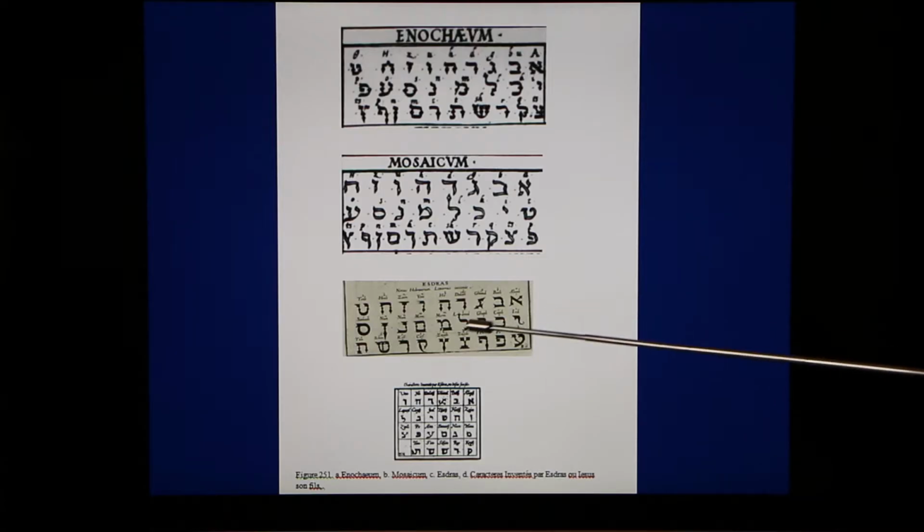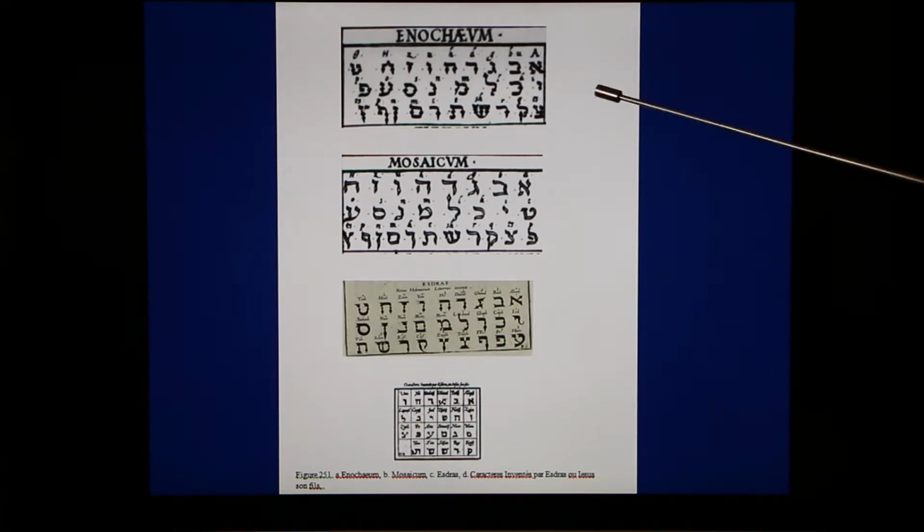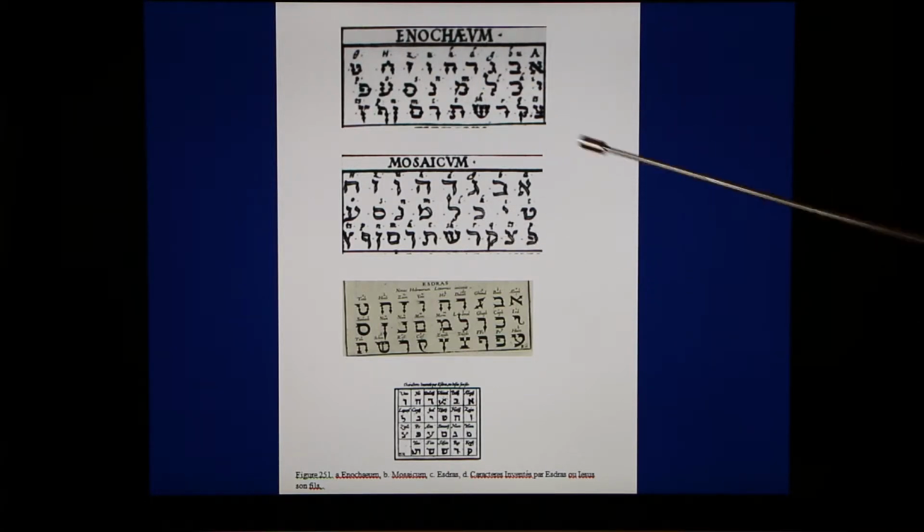And Esdras, who was, of course, the prophet of the Jews when the Jews were in the so-called Babylonian captivity, but actually, basically, the elite of the Jews went to Babylon and rewrote the Bible there. And what does the alphabet of Esdras remind you of? I'll put it politely, it looks like Enochicum and Mosaicum.